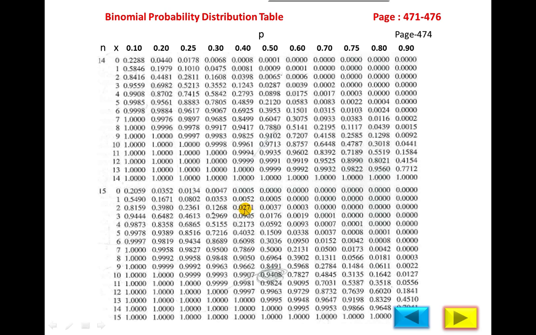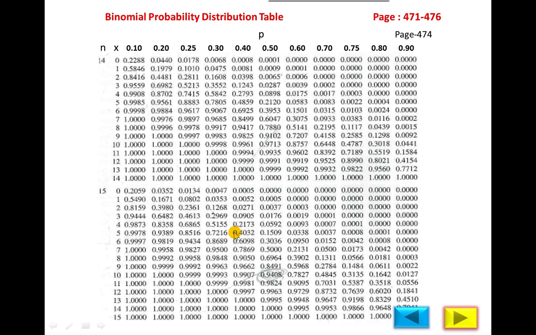Suppose you want to calculate the probability of exactly 5 patients surviving, so we will subtract the previous value from this value because this is the probability from 0 to 5 and this is the probability from 0 to 4, this column. We will subtract this value 0.2173 from this for the probability of exactly 5.